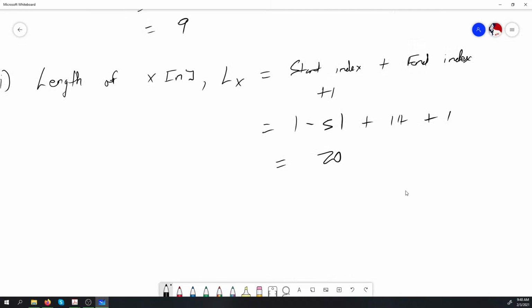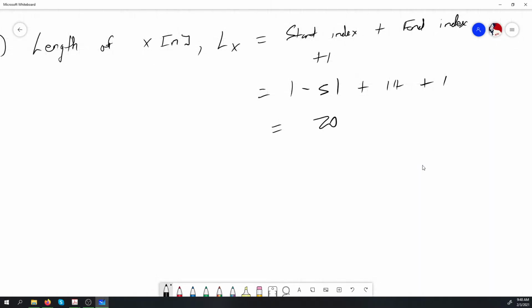Because we know it's 20 samples, that means the convolution length is going to be L of x plus L of x minus 1, because we need to figure out the length of our convolution.